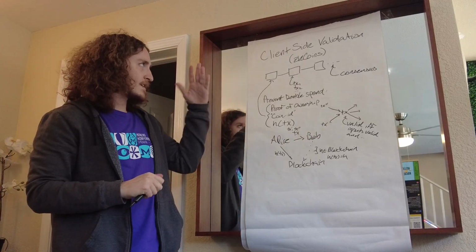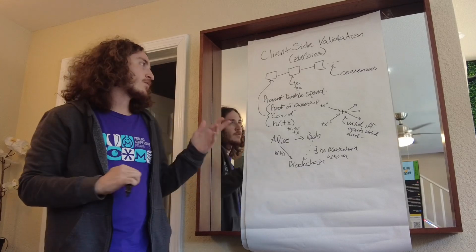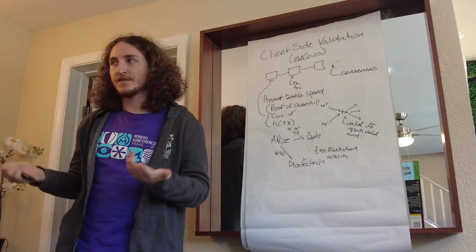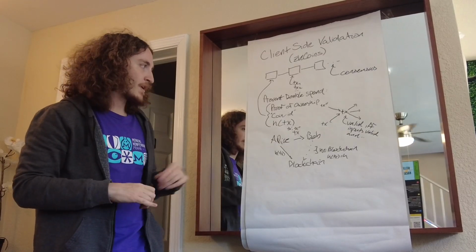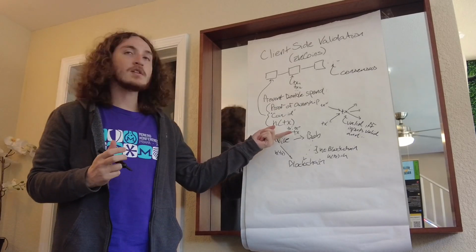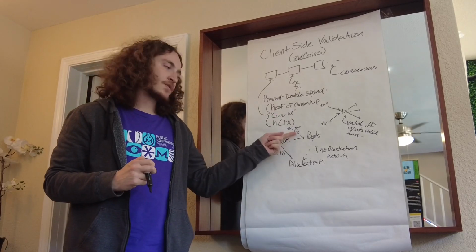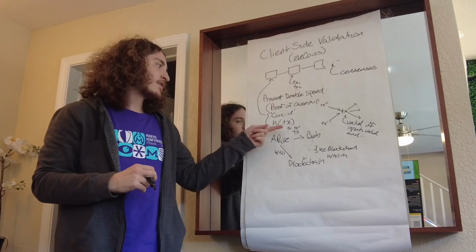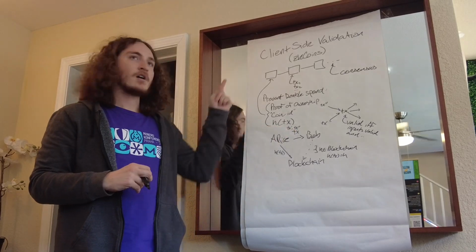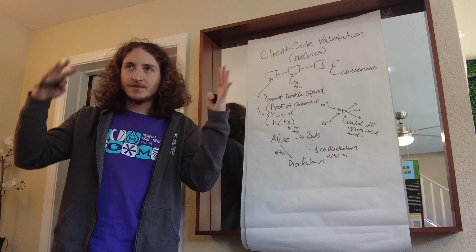And this is the state of client-side validation, more or less, before the introduction of zero-knowledge proofs. But you would agree something like this would work if we sent all of the transaction history and Alice could prove to Bob that this transaction really is valid. All of these transactions are on the blockchain, they're hashes, and they all balance as you go through the chain.